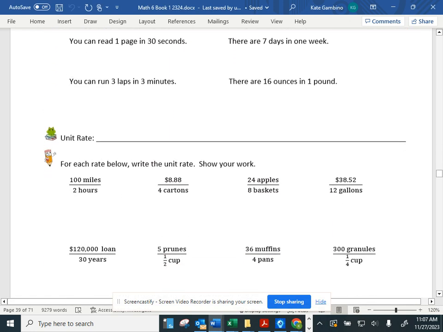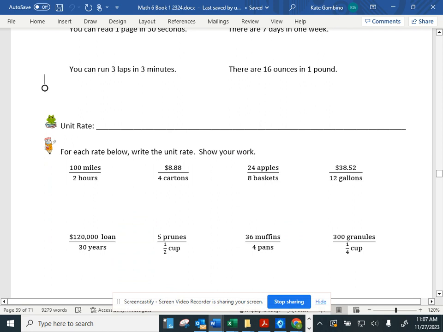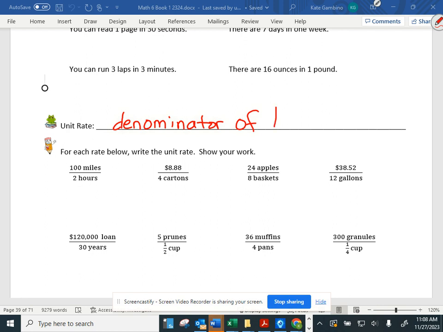But down here we have the unit rate. The unit rate, we always have a denominator of what? What does our denominator need to be, Layla? A 1. So in order for it to be a unit rate, that denominator must be 1.